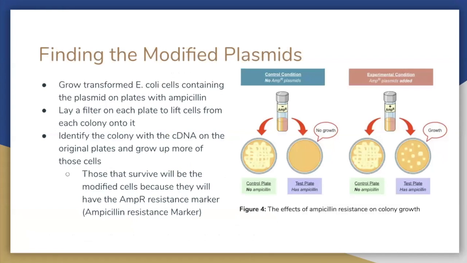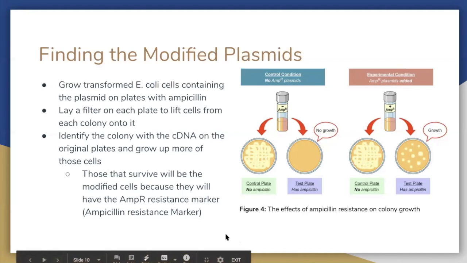And so in order to find our modified plasmids, we will grow E. coli cells that have been transformed by putting the plasmids inside them. And then we will grow them on ampicillin plates.